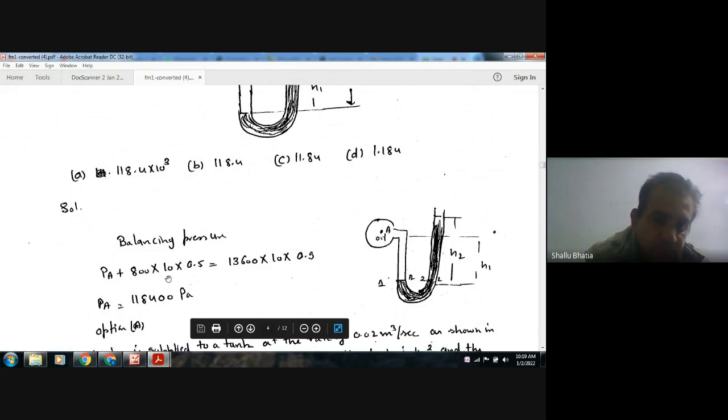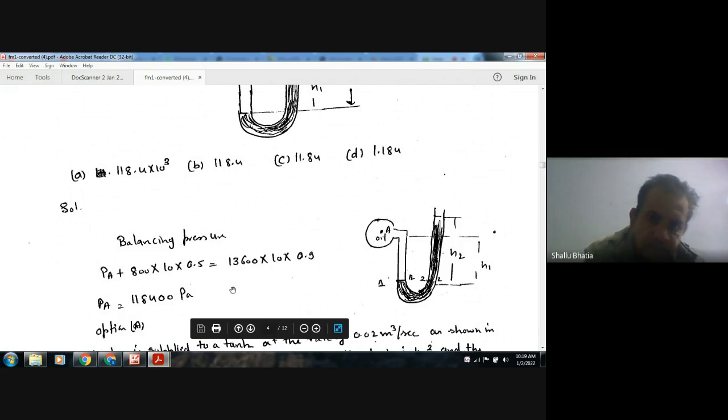Okay, and your g is 10. So at 1-1 the total pressure is PA plus rho g h, and at 2-2 the total pressure is the density of mercury times g times H2, where H2 is 0.9.